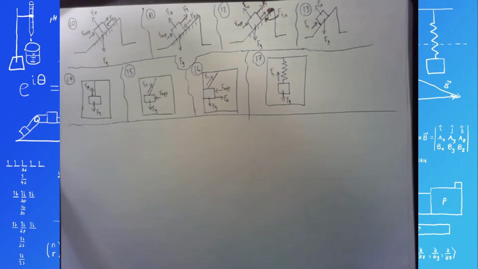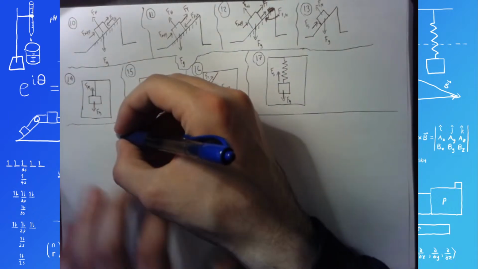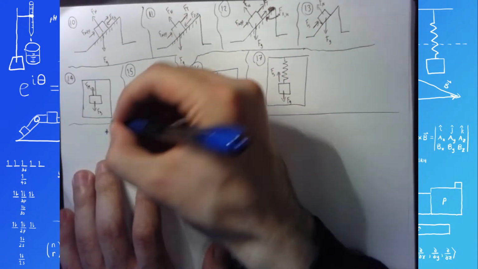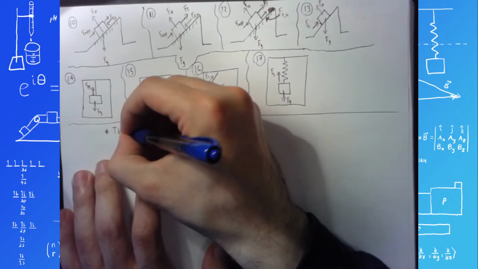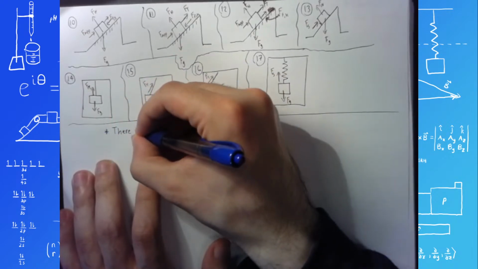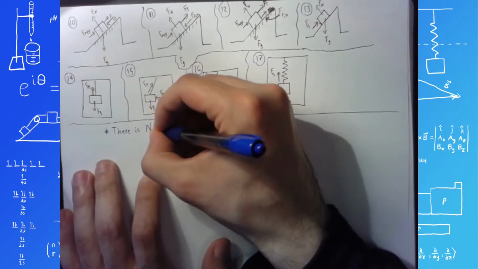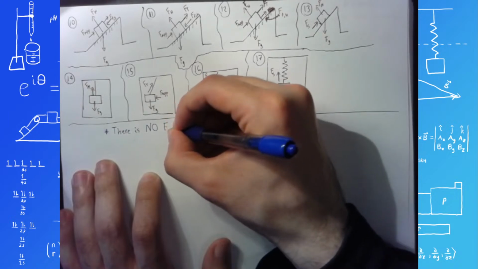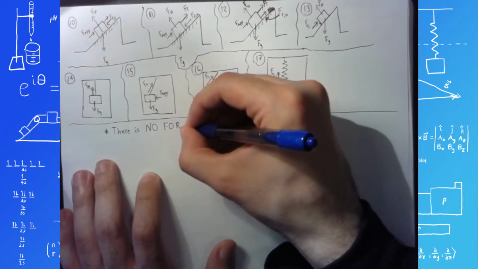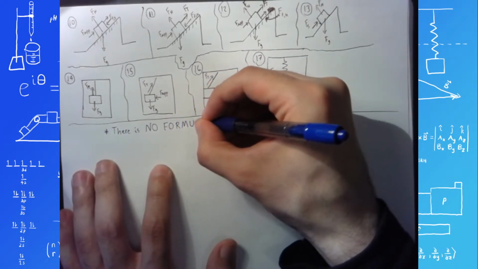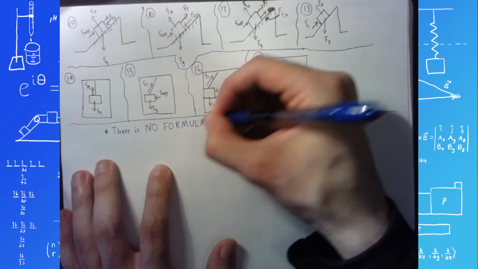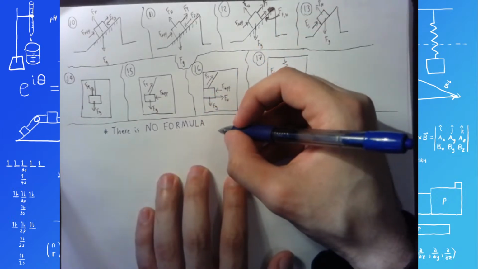Normal force does not have an equation associated with it. There is no equation, there is no formula. There is no formula. Take this with you to the grave and fight anybody who dares to contradict this statement.